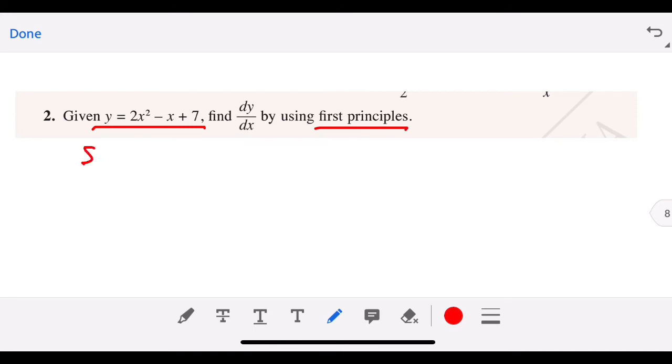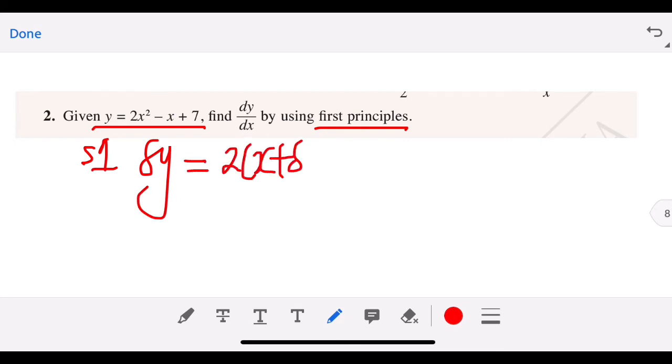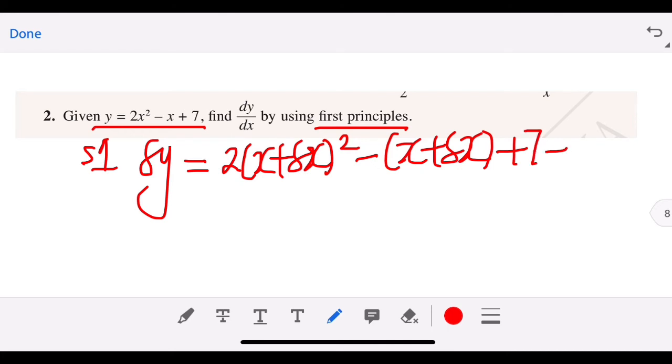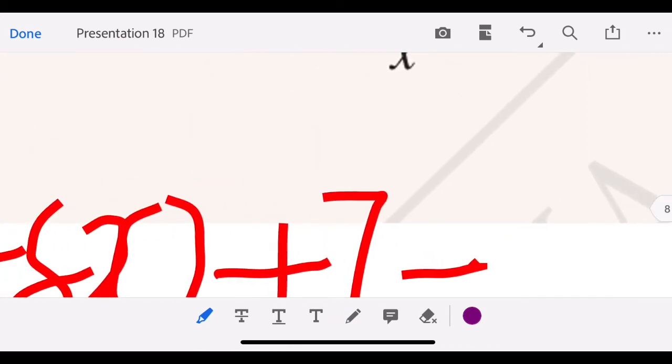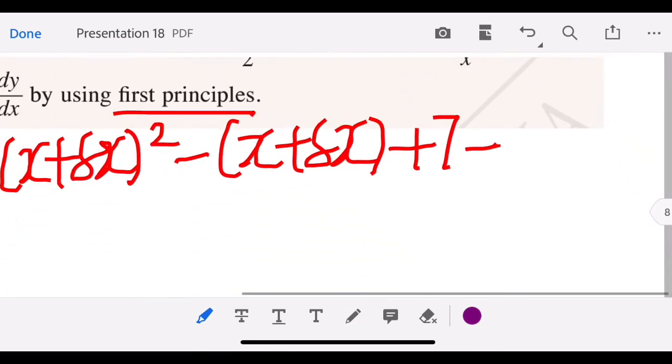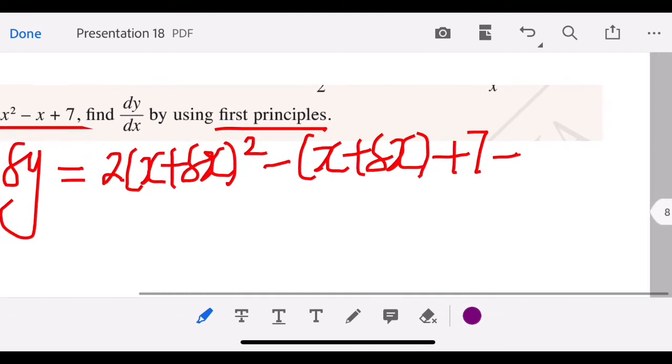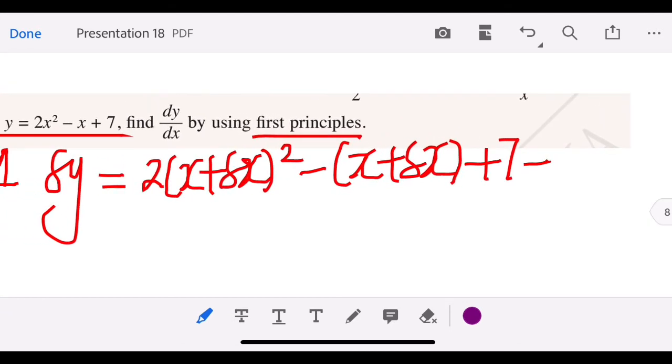So step 1 is find delta y. We will take 2(x plus delta x) squared minus (x plus delta x) plus 7, and minus the function itself. I think we have to use a bracket, because if you don't use a bracket, you will make a mistake.